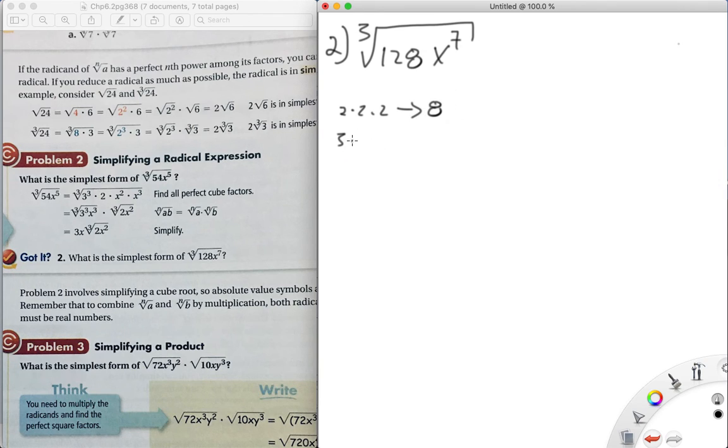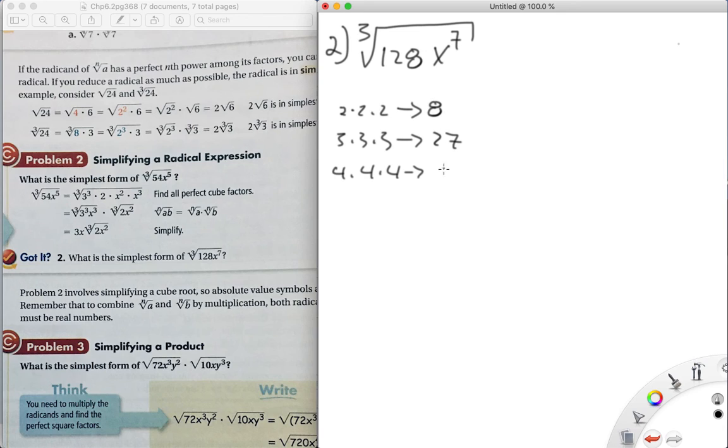Then I can try 3 times 3 times 3. That gives me 27. Can I divide 128 by 27? Nope, I cannot. Then I have 4 times 4 times 4, and that gives me 64. Can I divide 128 by 64?